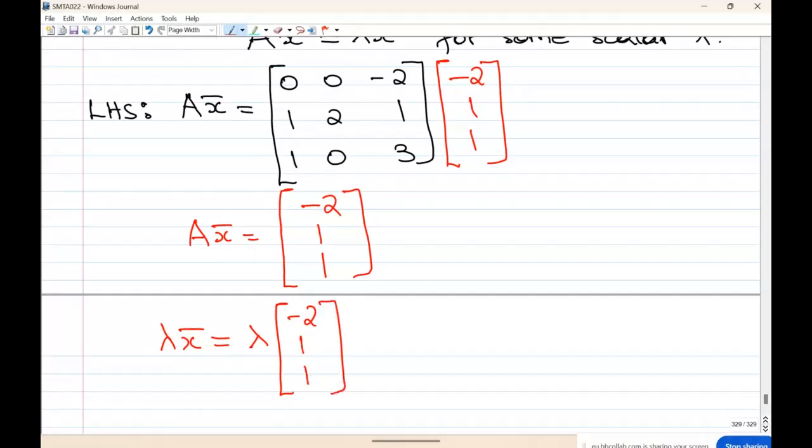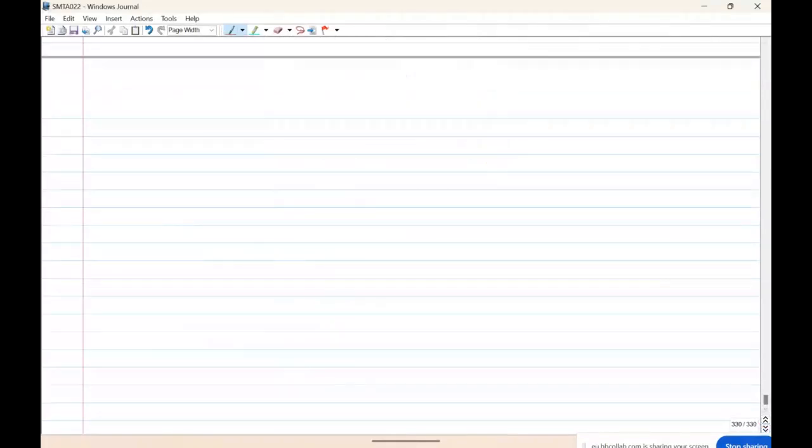So what can you say about this? These two things are not equal. Do you see that they're not equal? I guess there is something wrong with this. That's why I was so stuck.